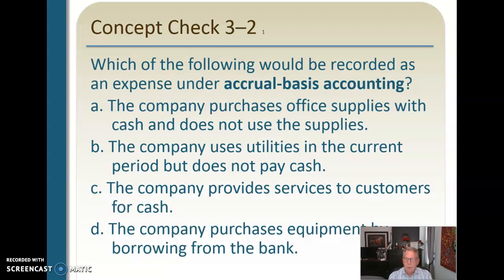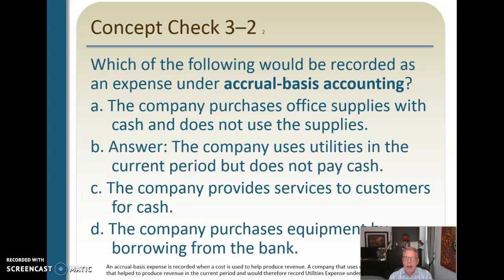All right, so here, which of the following would be recorded as an expense under accrual basis accounting? And if you chose answer Bravo, the company uses utilities in the current period but does not pay cash.